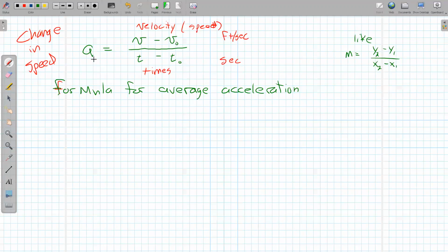So if we know an acceleration and a starting speed and some times, we can solve for, say, this velocity there. So I'm just going to tell you what each of these means. So the A is average acceleration. That's my A. My V all by itself is the final speed, aka velocity. The V with the subscript 0, that would be the initial or starting speed.